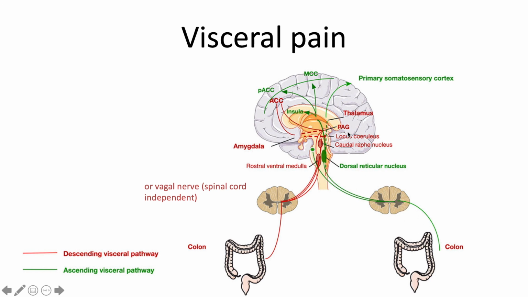This is then relayed to the higher cortical areas to localize the signal, but also to perceive the painful feeling in the limbic system. Normally, these pain signals are counteracted by an inhibitory circuit through the spinal cord again, but according to the latest research, this is suggested to be carried by the vagal transmission.